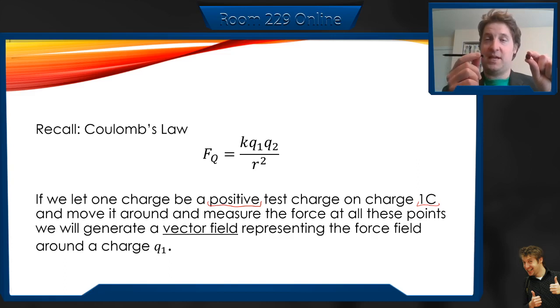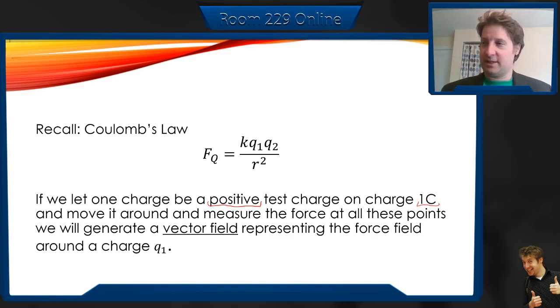Now I'm going to take my test charge and move it somewhere else, and it's going to give me a different arrow. And then I'm going to move it somewhere else and get a different arrow. And I can do this everywhere around it, and it's going to give me a whole bunch of force values everywhere, and it's going to tell me the electric field, the amount of influence that this charge here actually creates around it.